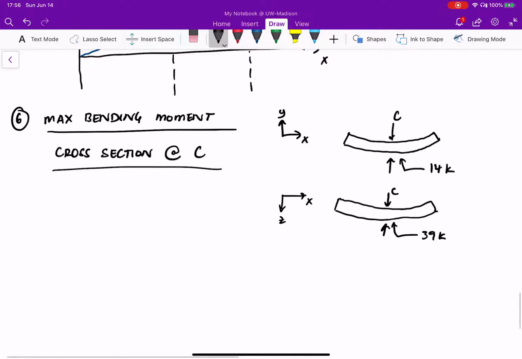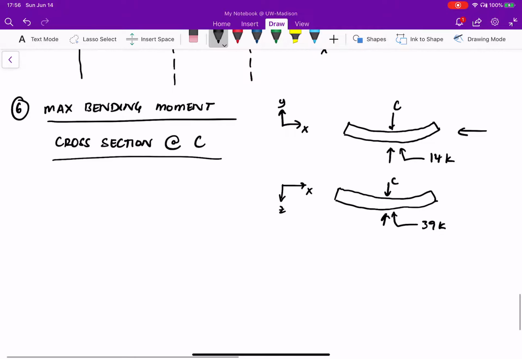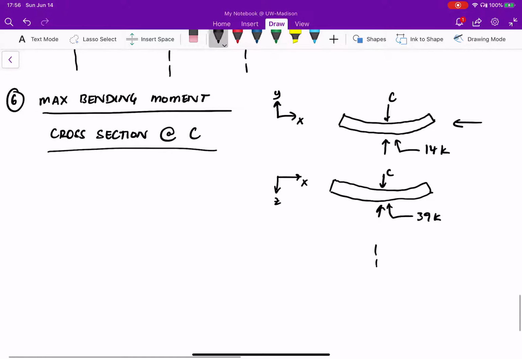So if I were to look at the beam from this direction, perpendicular to its cross section, this is the Y and this is the Z. It's effectively bending at some plane in this direction. If this is its primary cross section, it's bending at some angle, because it's bending in this direction as well as this direction. At some angle, let's say phi.